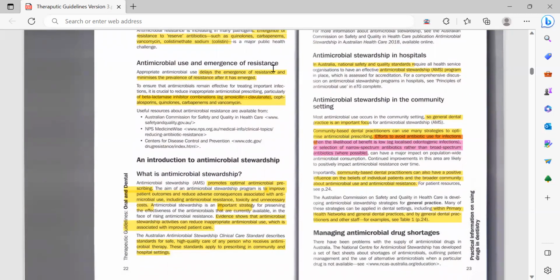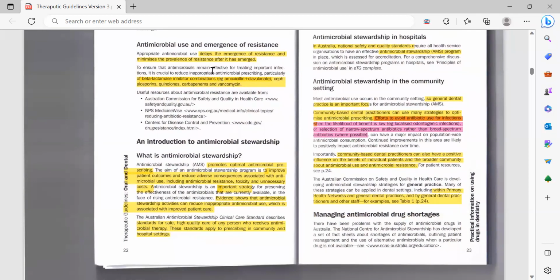Antimicrobial use and emergence of resistance. Appropriate antimicrobial use delays resistance. If you use it properly, the resistance would not be there, right? And it minimizes the prevalence of resistance after it has emerged. To ensure that antimicrobials remain effective for treating important infections, it is crucial to reduce inappropriate antimicrobial prescribing, particularly of beta lactamase inhibitor combinations like amoxicillin and clavulanate.